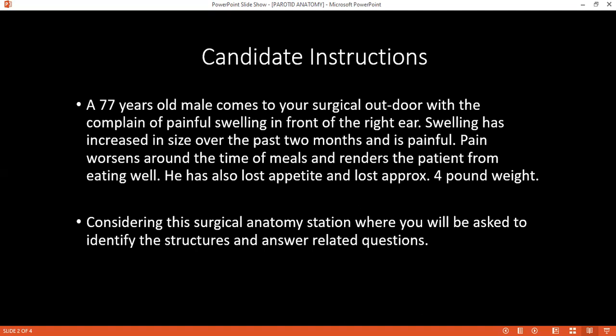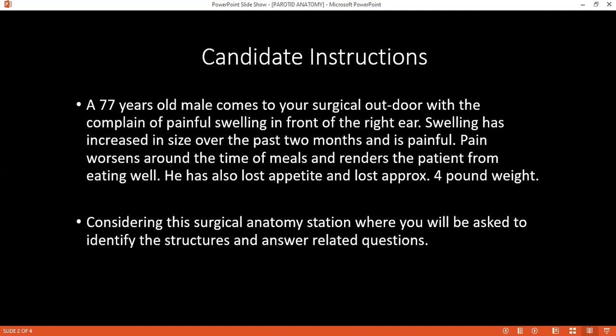Okay, you've already told me the structures which pass through the parotid gland, but can you tell me from superficial to deep, how do they pass? The facial nerve is the most superficial, ma'am.